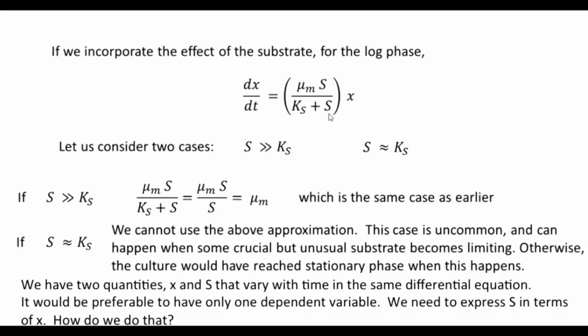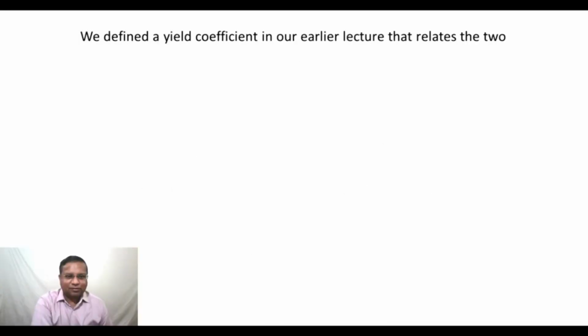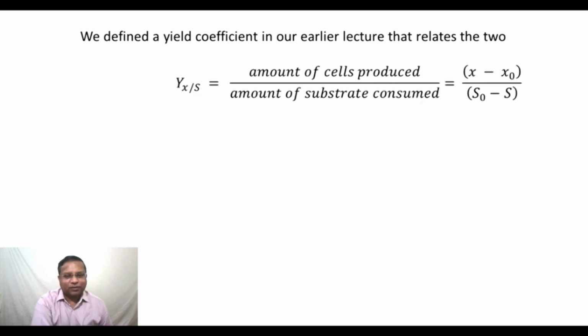Some thoughts on that? Something related to some concepts that we have seen earlier in the course in module 2? Yes, we could use what we defined as a yield coefficient in the earlier lecture, that relates the cell concentration and the substrate concentration.